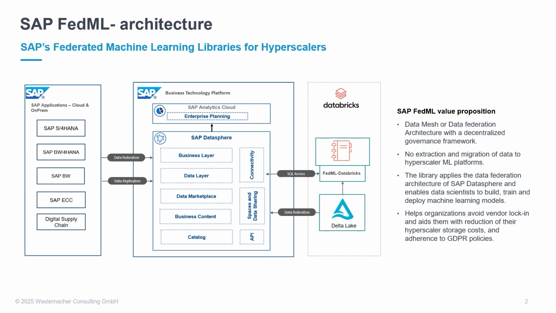So there's no extraction and migration of data to hyperscaler machine learning platforms. All you have to do is feed Databricks, do your machine learning in Databricks with your data from Datasphere, and then send the processed data back to Datasphere.